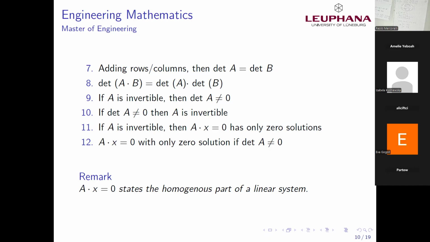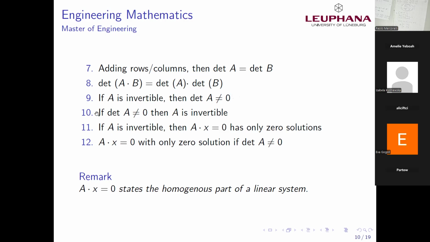If it's invertible, then the determinant is not 0. This is very interesting, because somehow it states that we have a connection between the invertibility, the determinant, of course, and the dependence or independence you can read in both, of the vectors. Why?